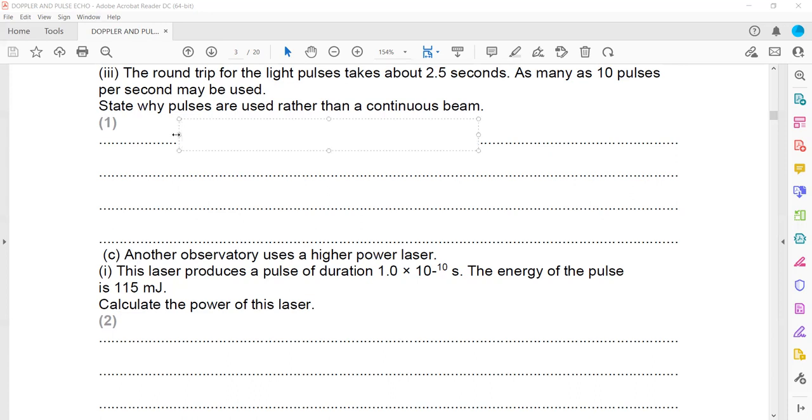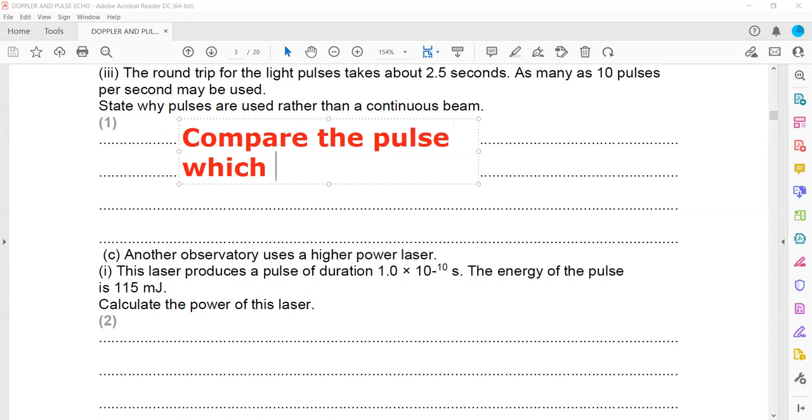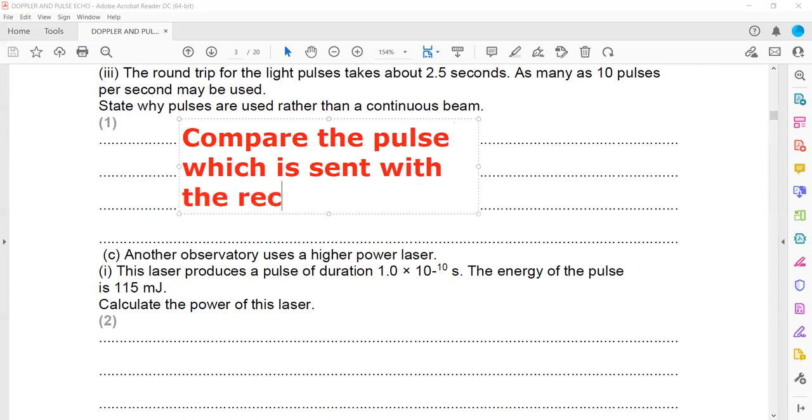So we can compare the pulse which is sent with the received.